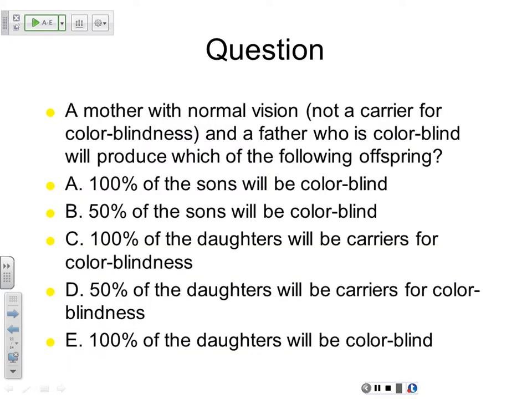Question. Now, this one is really involved. Maybe I'll give you a little bit of time to look at it, then I'll start the polling, because if I start the polling, you may not have enough time. So this is a sex-linked trait. It's on the X chromosome. So I'm going to start polling.